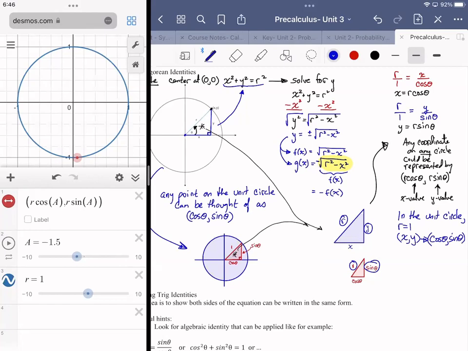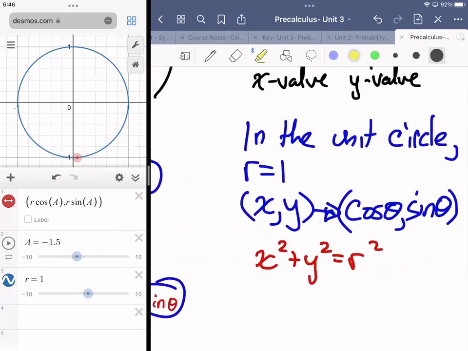If we know that, and we know that x squared plus y squared is equal to r squared, by substitution, I'm going to bring it in here, we know that the r value is equal to 1, because we're saying it's a unit circle, a single unit. The x value is equal to cosine of theta.